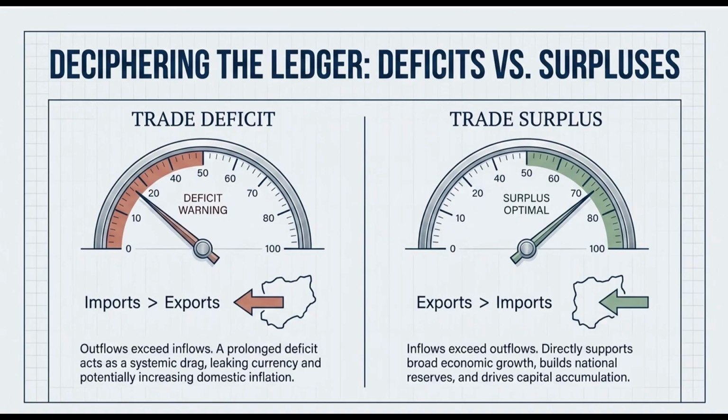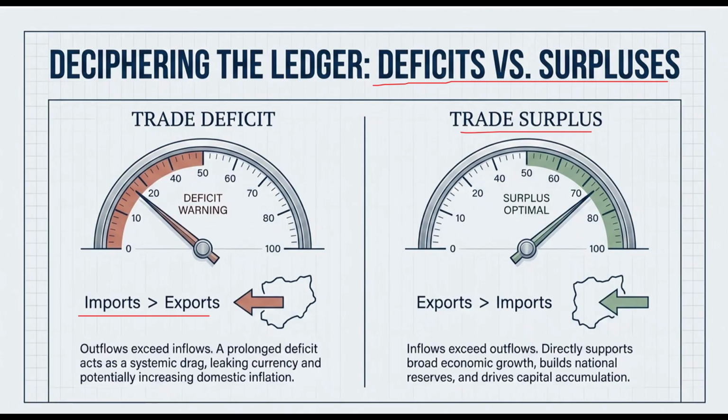Okay, so now let's see deficits versus surpluses. A trade deficit occurs when imports are greater than exports. So this can increase inflation and reduce national reserves over time.